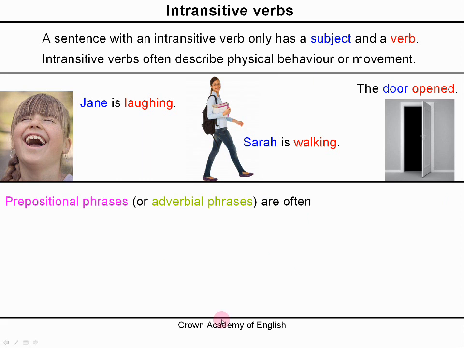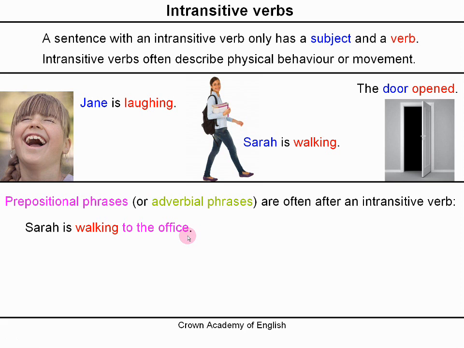And prepositional phrases or adverbial phrases are often after an intransitive verb. For example, we could say Sarah is walking to the office. So this is a prepositional phrase and it is a preposition of place. But be careful, this is not a direct object.